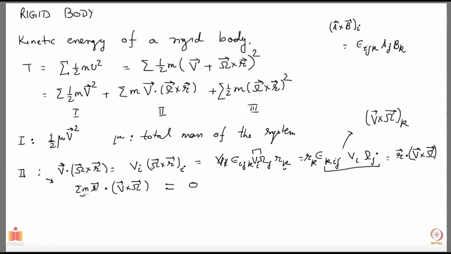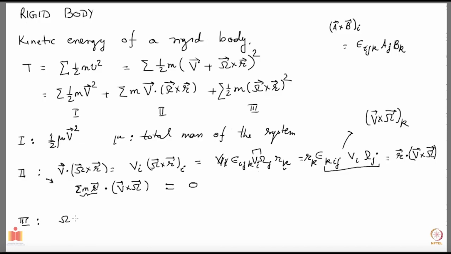The summation of m r is 0 for the center of mass, which gives you the center of mass if you divide it by the total mass. That's good.